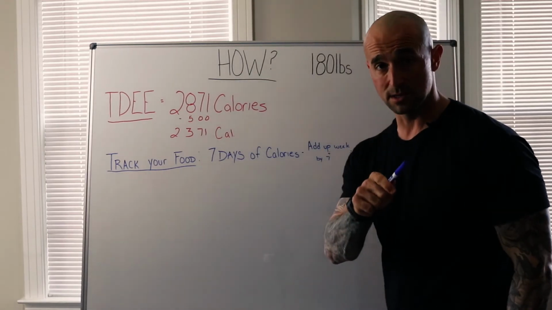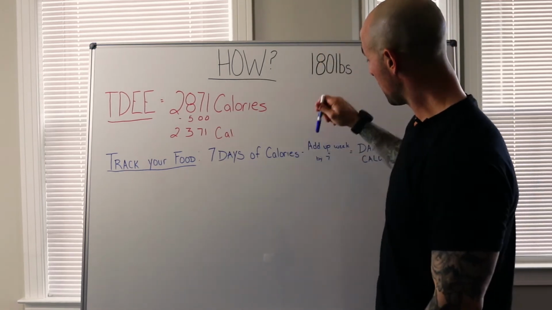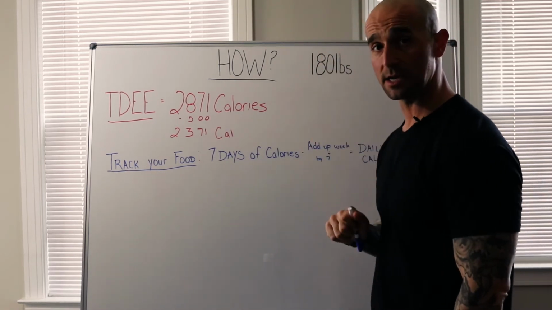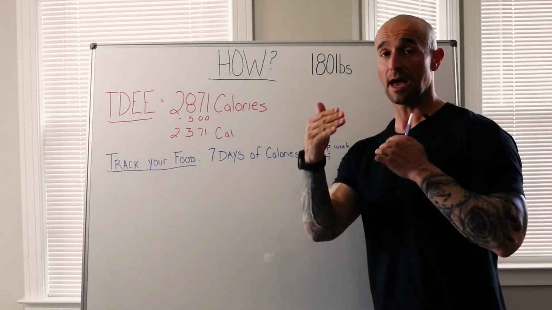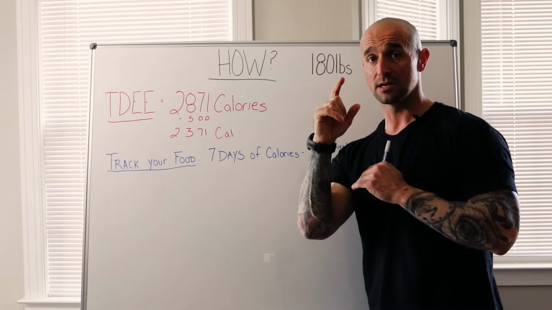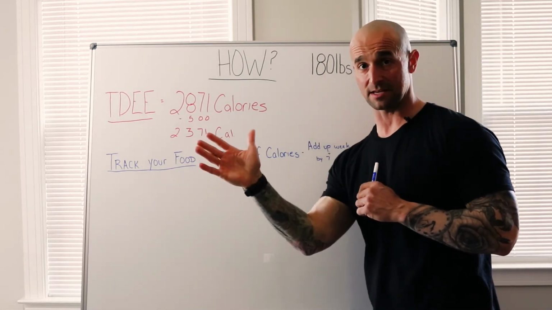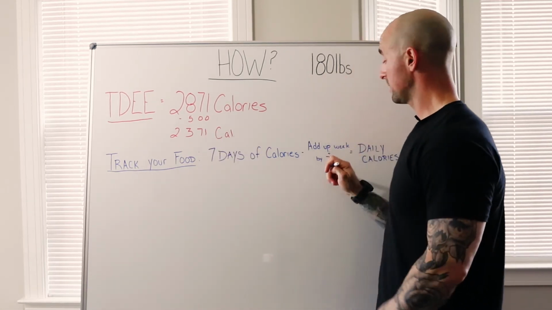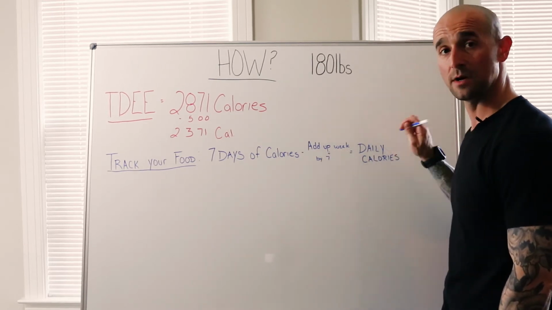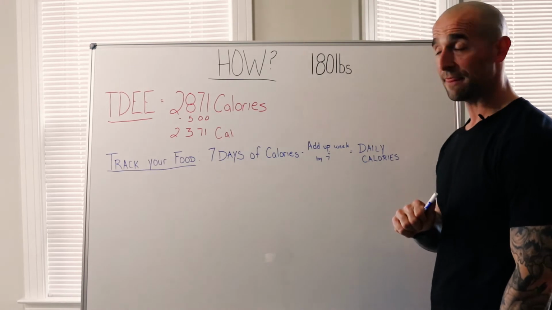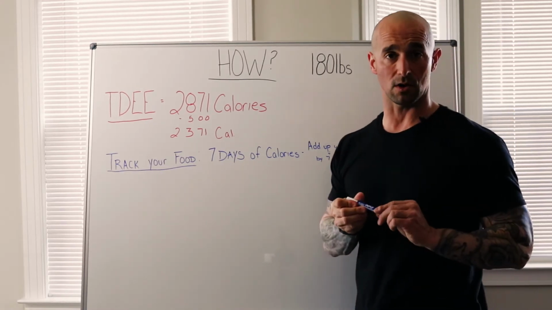What we are going to do is add up our calories for the entire week, add up each and every day, which on MyFitnessPal you'll see how many calories you ate that day. So it's just about one number, 7 days a week. Add it all up, divide by 7, and that is going to be our new daily calories. That is the number that we're going to start with.